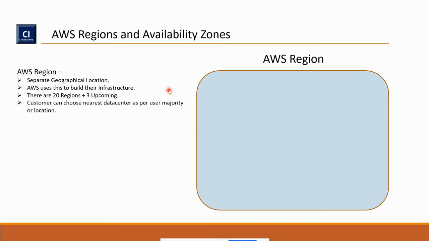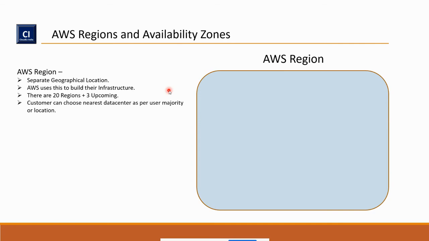The customer can choose the nearest data center as per user majority or location. Take an example: if your company is in India and the user majority is in India, which location will you select? Definitely one near your organization, so you will select Mumbai. If your organization is in Singapore, definitely Singapore.